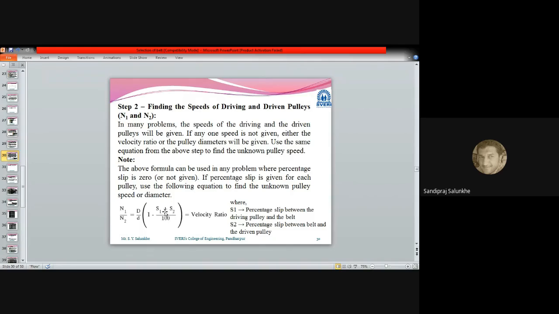That velocity ratio can be calculated as N1, that is speed of driver pulley, divided by speed of driven pulley, N1 by N2, is equal to diameter of the bigger pulley, that is driven pulley, divided by diameter of driving pulley, that is small d, the smaller diameter, into 1 minus S1 plus S2 divided by 100, where S1 is the percentage slip between driving pulley and belt, and S2 is the percentage slip between driven pulley and belt.